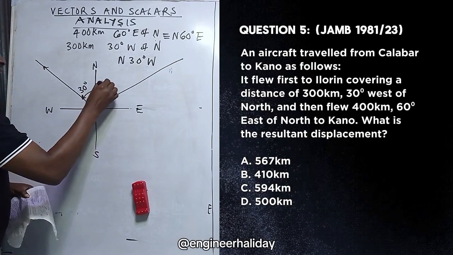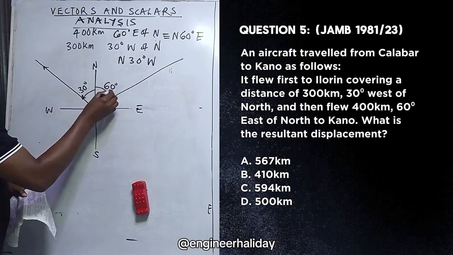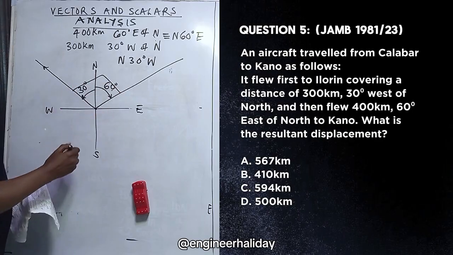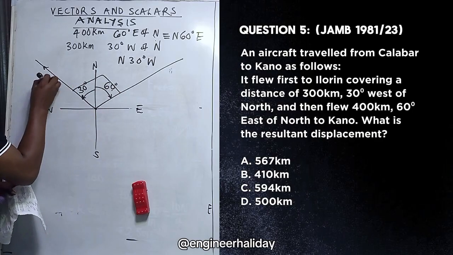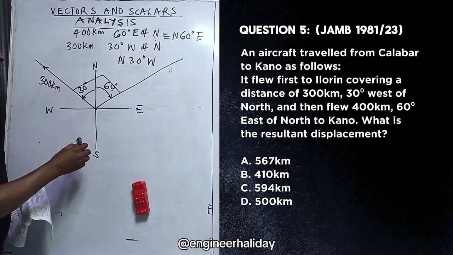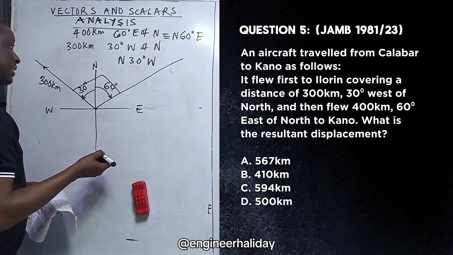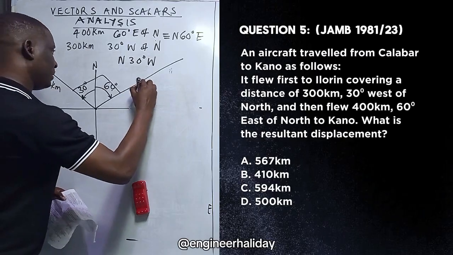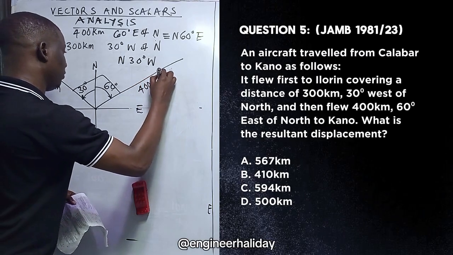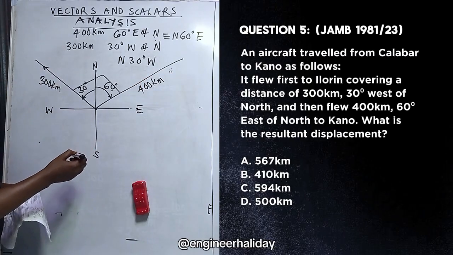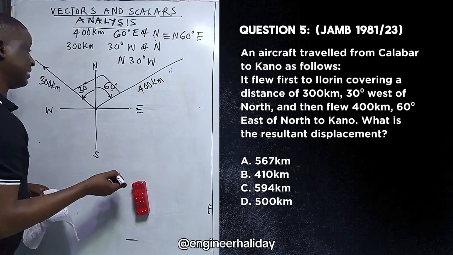If you check, 60 plus 30 is 90. So one is 300 kilometer, 30 degree west of north, and one is 400 kilometer, 60 degree east of north.